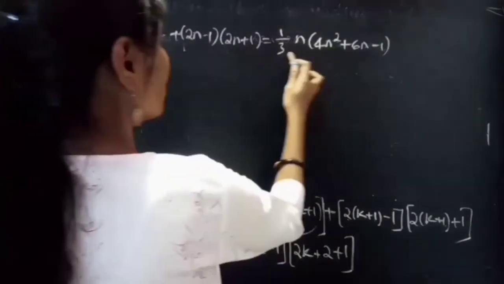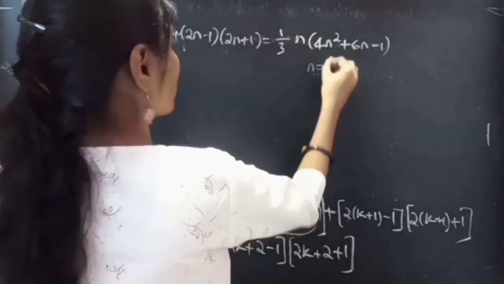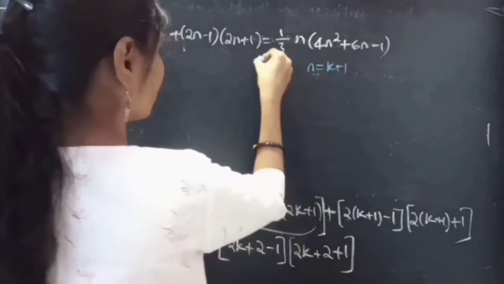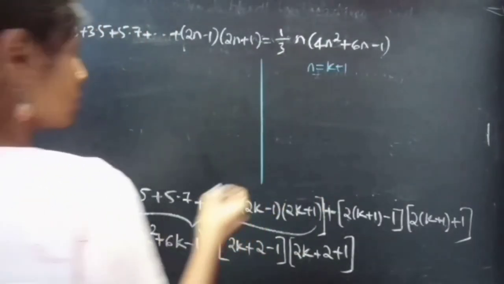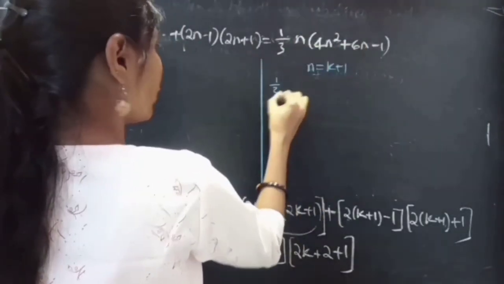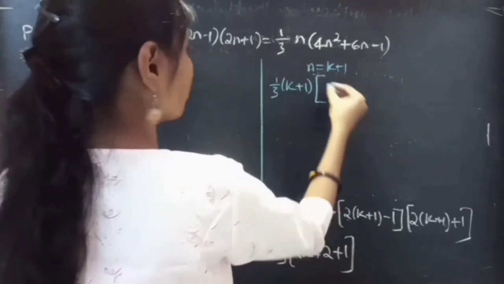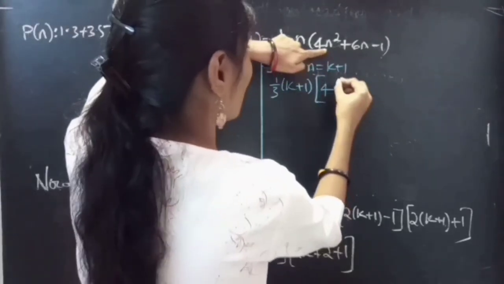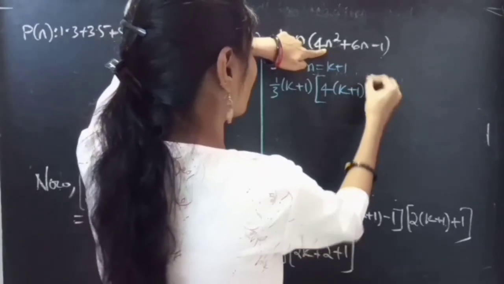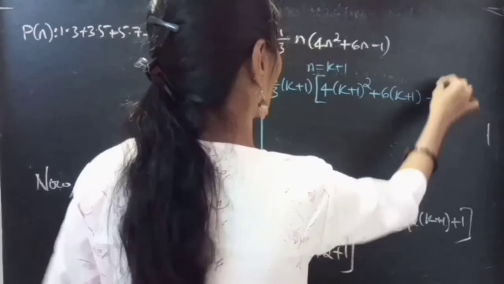Okay, see this is your RHS term, right? We'll simply put n equals k plus 1. Let's see what happens when we substitute n equals k plus 1 in this term. Then you'll get 1 by 3 into k plus 1 into 4 into k plus 1 whole squared plus 6 into k plus 1 minus 1, right?